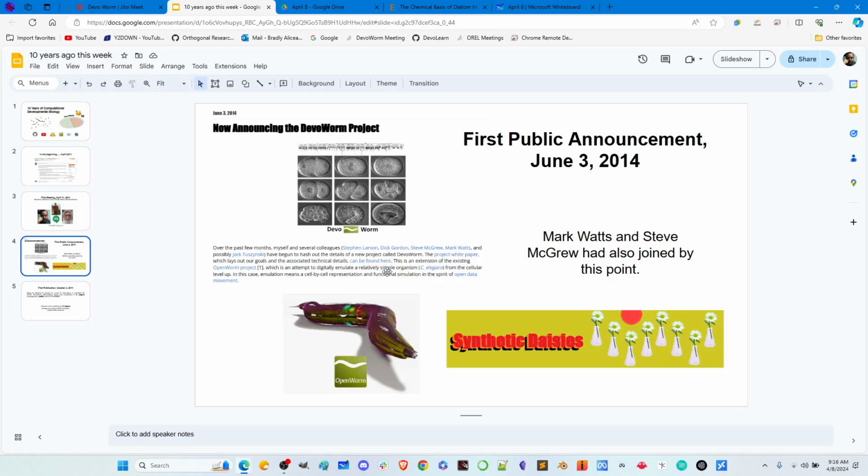That was the nature of the project at the time. We did a couple on DevoWorm, and we took that Solston data set and ran with it. We had other data sets as well, like cell tracking data, and that really built the early days of the project.